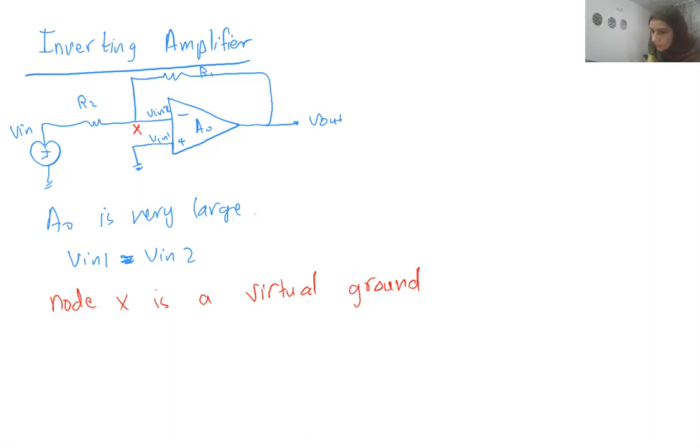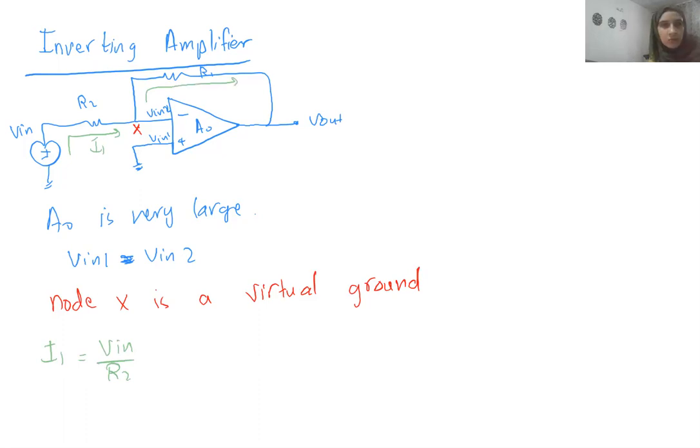Therefore, now what's going to happen? The current here, let's call it I1, will equal Vn divided by R2. And this same I1 will continue and go through R1.